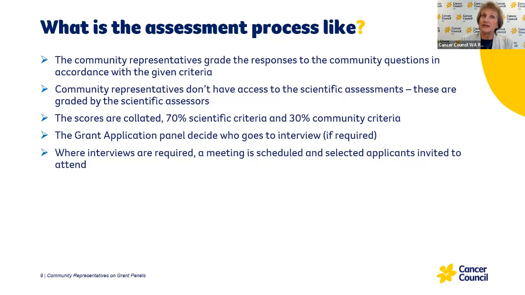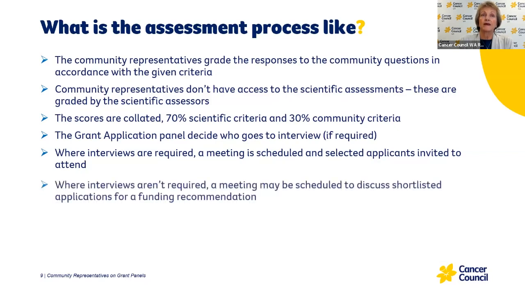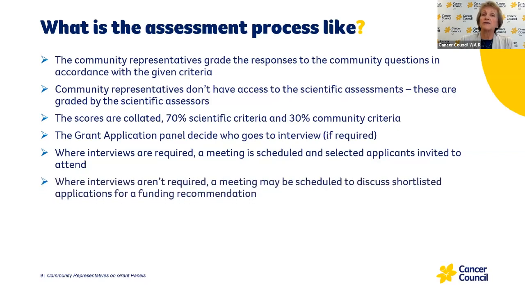Where they're required, a meeting is scheduled and the selected applicants invited to attend. The community representative involved with that panel is involved in those interviews as well. When they aren't required, a meeting is simply called to discuss shortlisted applications for a funding recommendation.